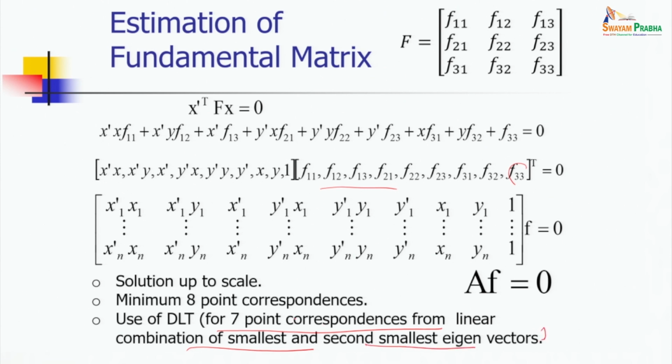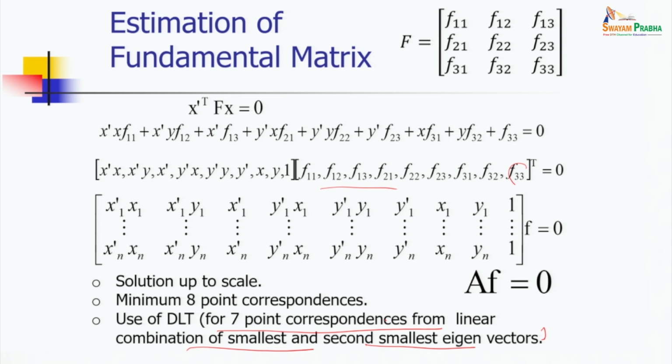So we will see later on, if I use only 7-point correspondences, because there is another constraint, determinant is 0. So actually 7-point correspondences are sufficient to get f.